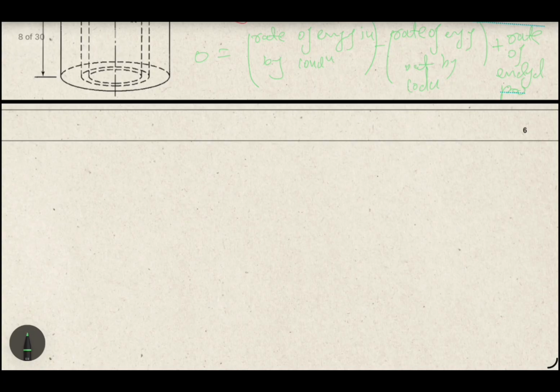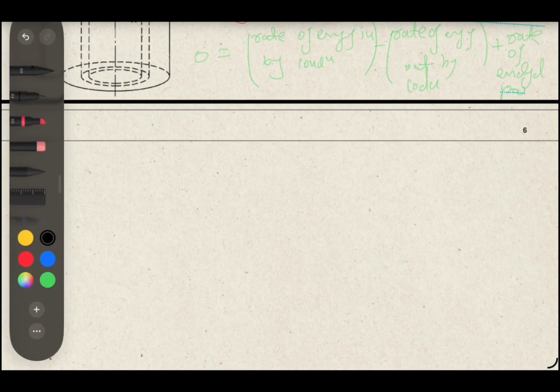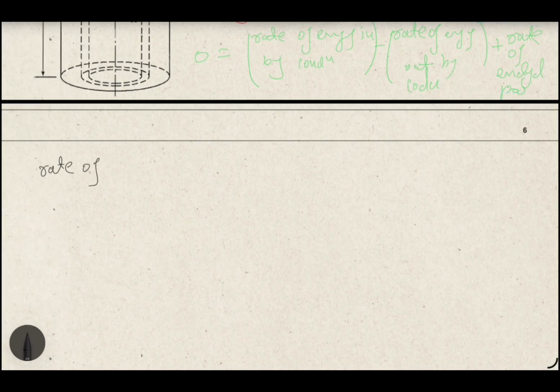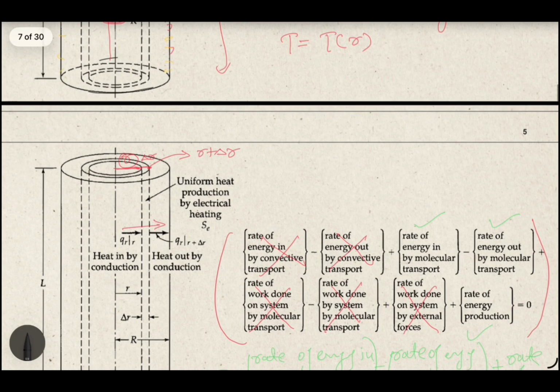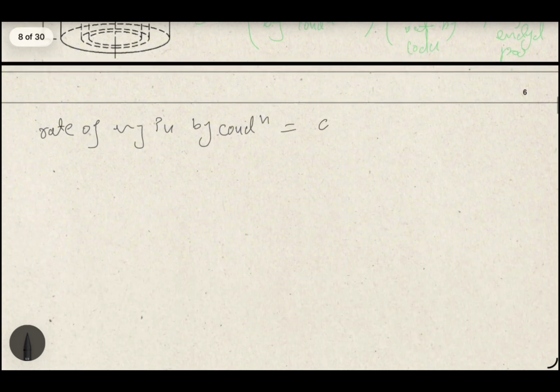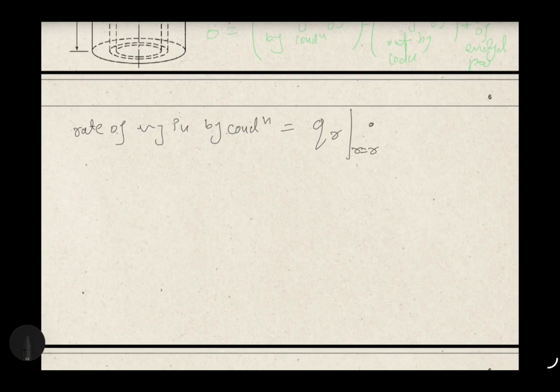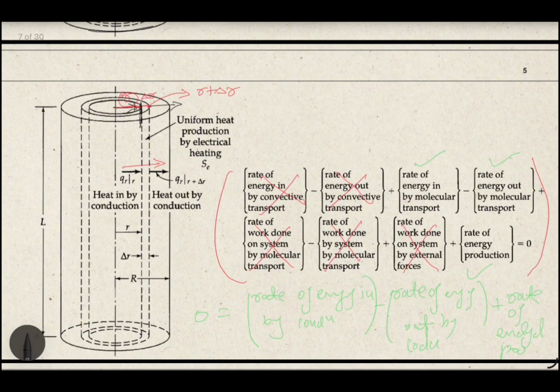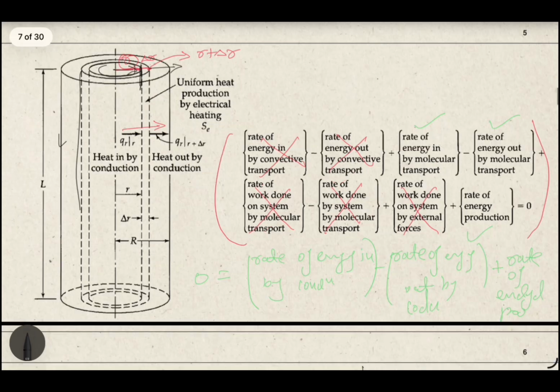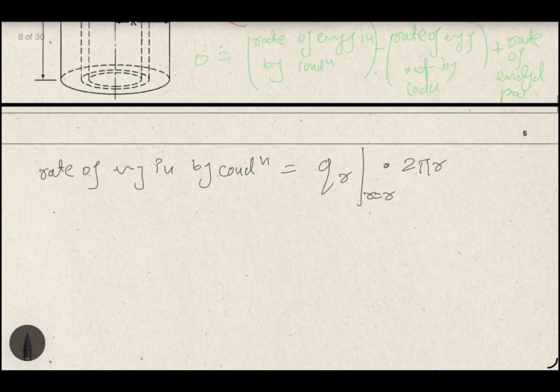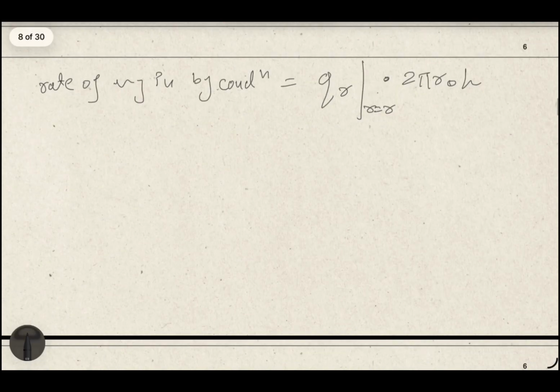First, the rate of energy in by conduction. In this element, energy is coming in at this surface and going out at the other. This can be written as q_r, the flux at r equal to r, multiplied by the perpendicular area, which would be 2 pi r into the whole length L. So this is the rate of energy in by conduction.